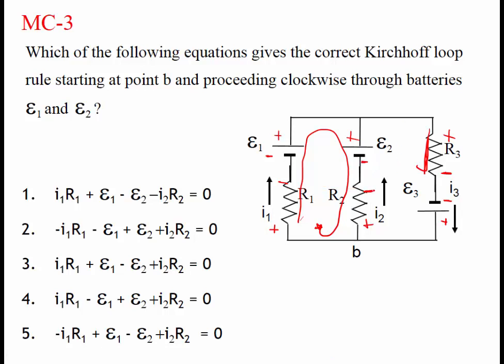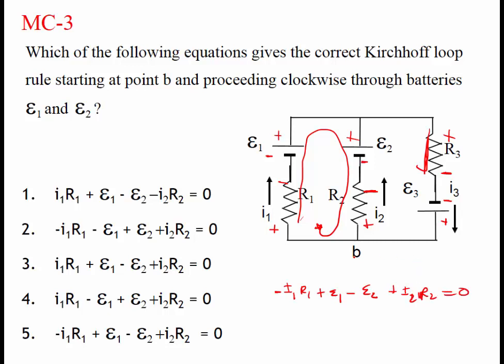Starting at E1, going clockwise to E2, here we have I1 times R1, which is negative because we're going from plus to minus. Going from low potential to high, that would be plus E1. Then from high to low, that would be minus E2, and plus I2 times R2 is equal to 0.